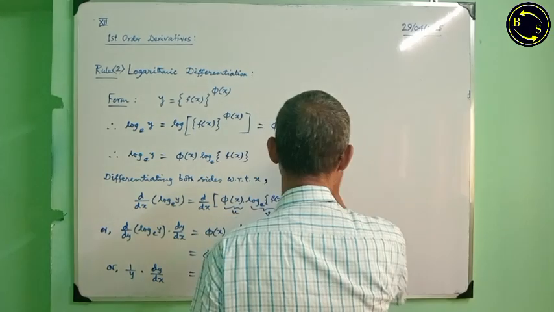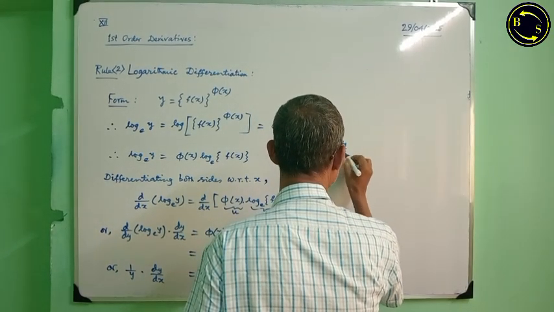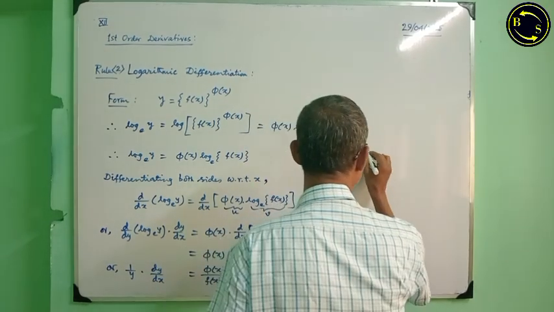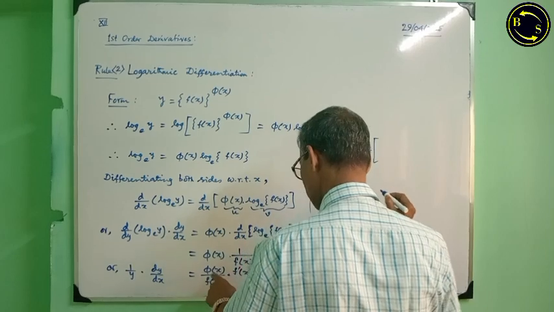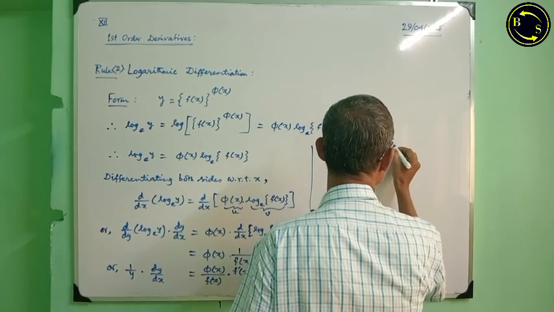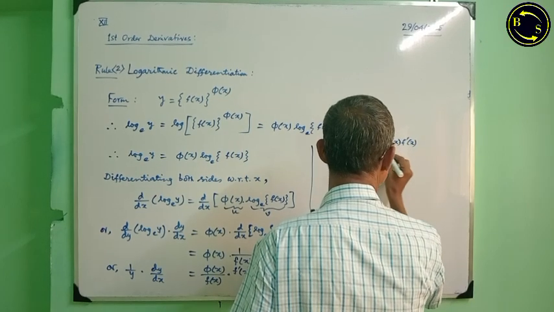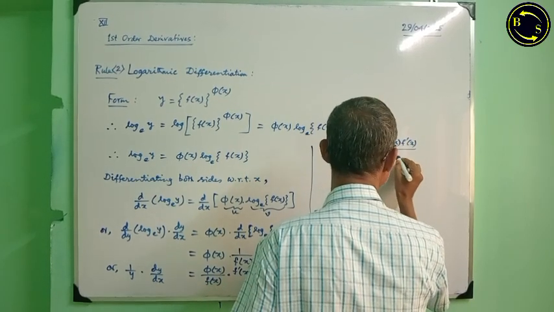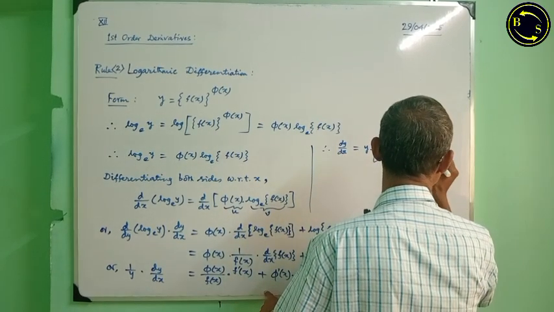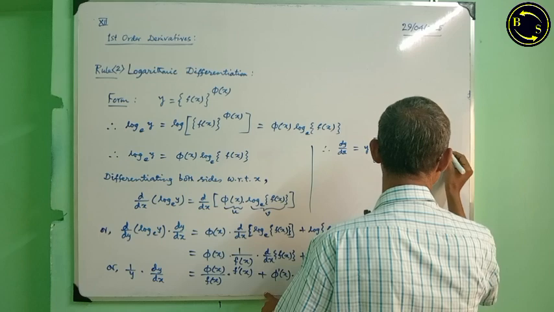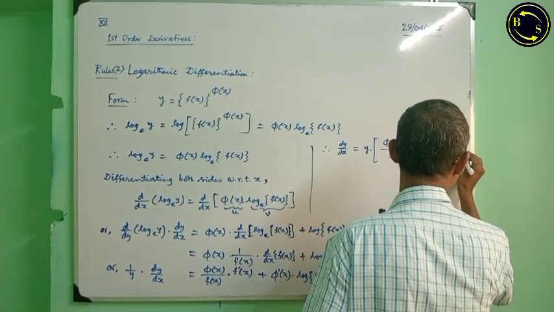Therefore, finally, dy/dx is equal to y into the whole, that means phi x f dash x by f x plus phi dash x into log of f x.